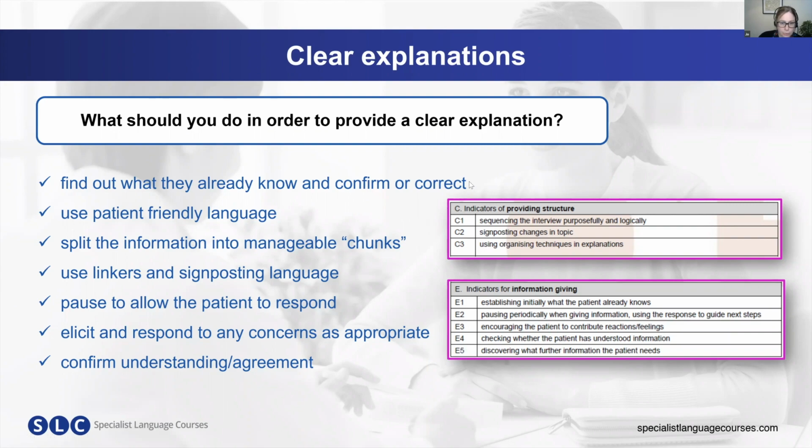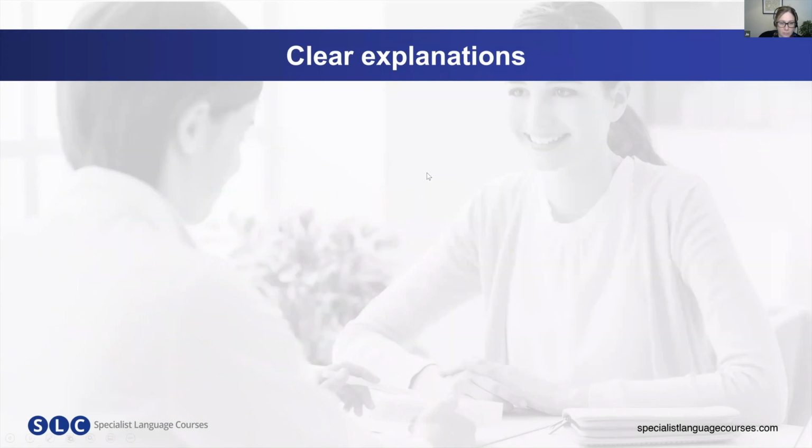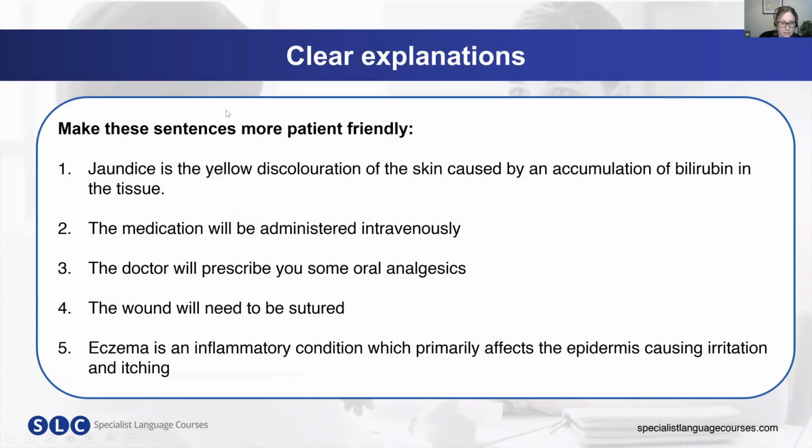So let's have a little look at these sentences here. If we look at these five sentences, they're explanations, but they're a little bit too medical. If we take the first one together, we've got: jaundice is the yellow discoloration of the skin caused by an accumulation of bilirubin in the tissue.